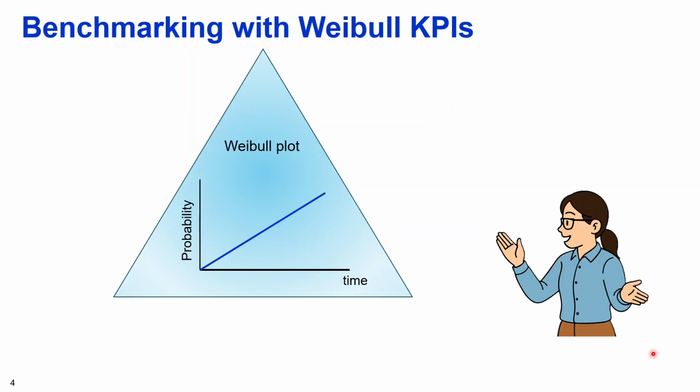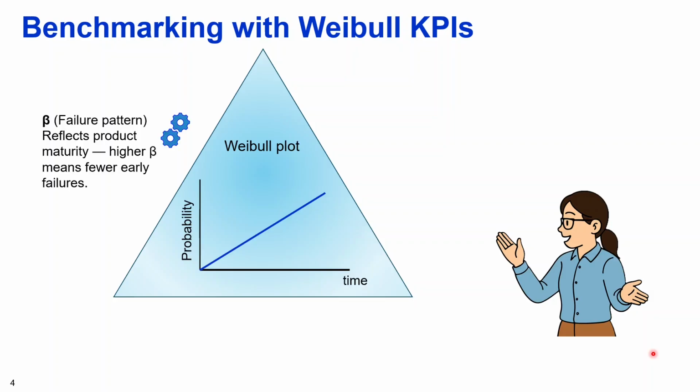And remember, the Weibull distribution gives us 3 key metrics: beta, eta, and MTTF. Beta tells us the failure pattern, whether it is early failure, random failure, or wear-out failure, and it reflects the product maturity, where higher beta means fewer early failures.